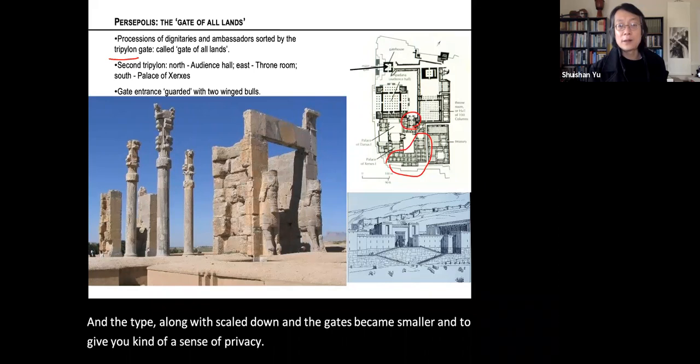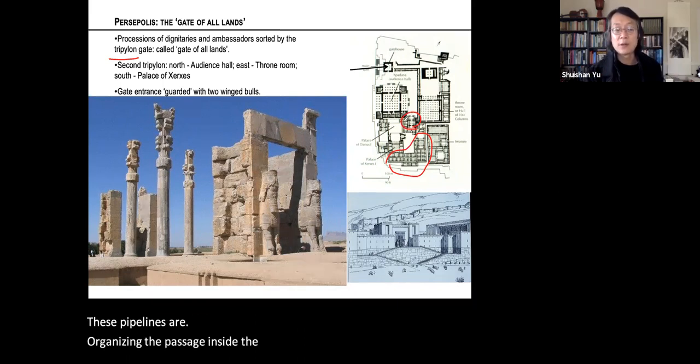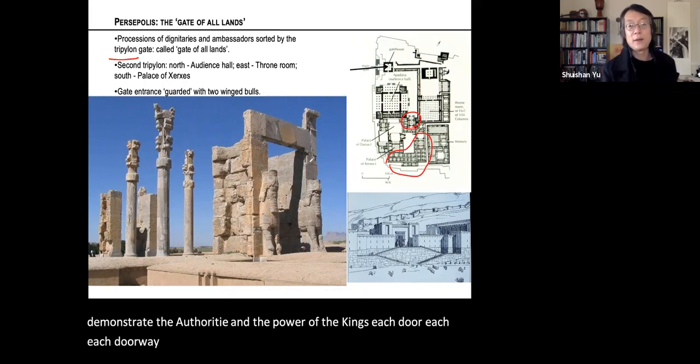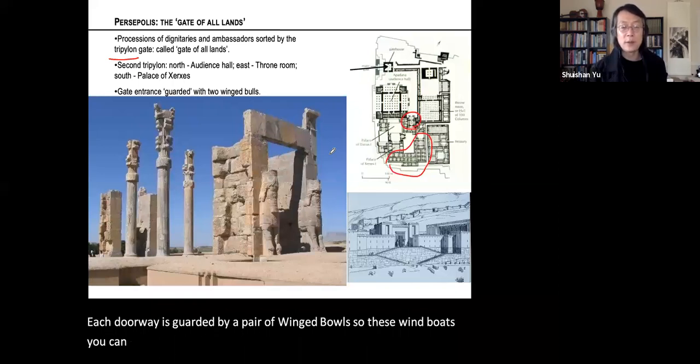These tripylons are organizing the passage inside the palace, and they were also meant to demonstrate the authority and the power of the kings. Each doorway is guarded by a pair of winged beasts. So these winged beasts, you can find good examples in the MFA.